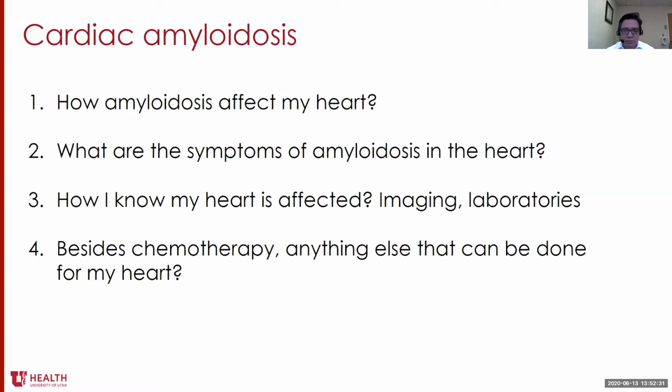What are the symptoms of amyloidosis in the heart? How do I know if it is affected, either with imaging modalities or laboratories? And just one slide at the end about what else we can do on top of the robust strategies described by Dr. Dispenzieri.